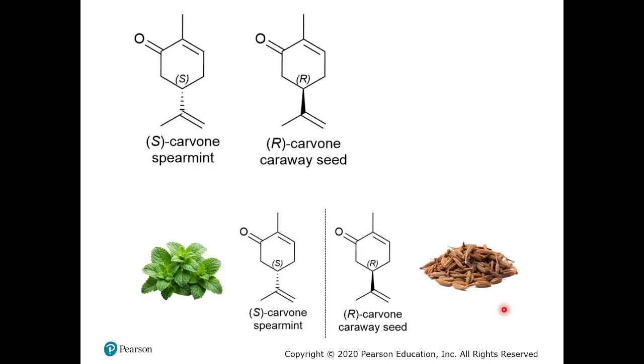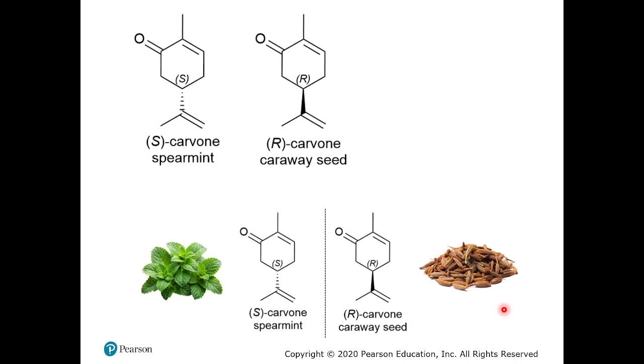Right here we see a more benign, more fun example of this, which is carvone. This is R-carvone, this is S-carvone. See the difference in the enantiomers? S-carvone is spearmint. Everybody has smelled and tasted spearmint before, right?